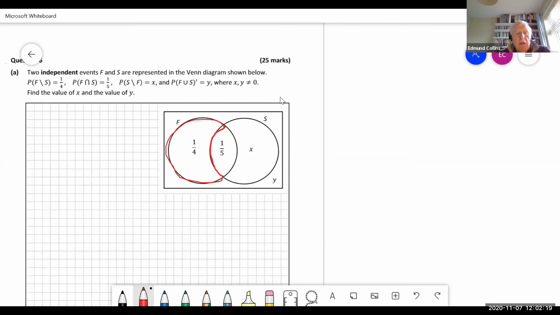Again, you can see this back to the previous question. Then the next part of the Venn diagram, the probability of F and S, is here.